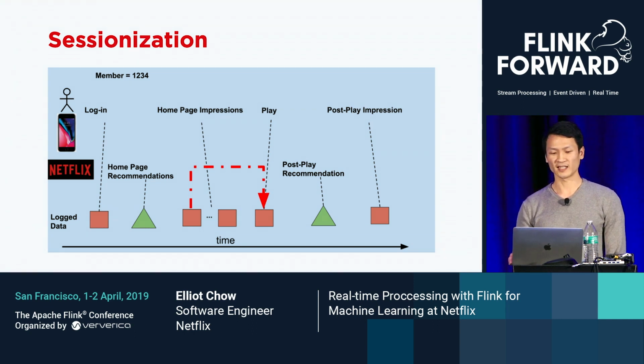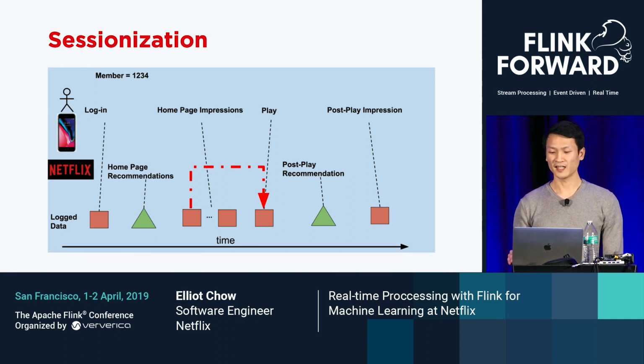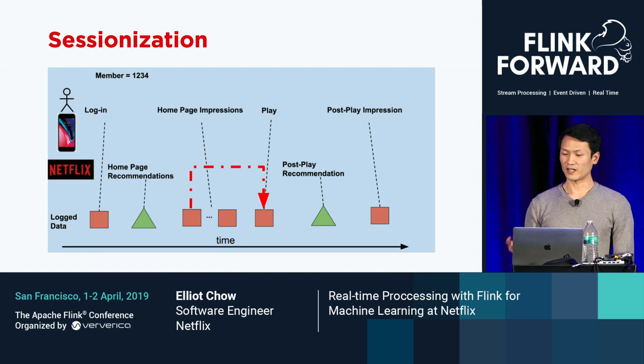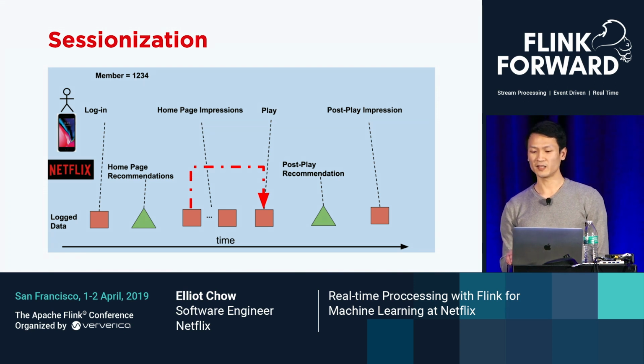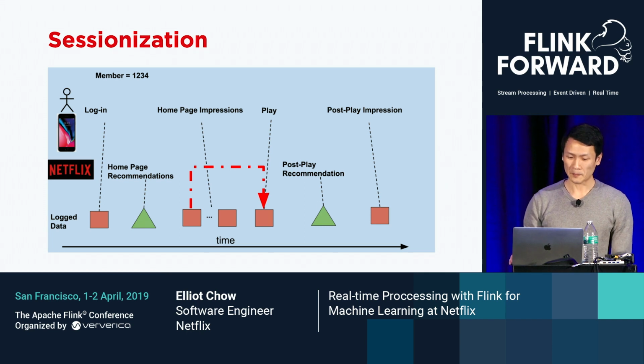For example, one of the simplest things we might be interested in is after a particular impression of a recommendation, did the member play the video that we recommended? This is similar to click-through rate for ads. Of course, the opposite is maybe the member did not like any of the recommendations and maybe they logged out.